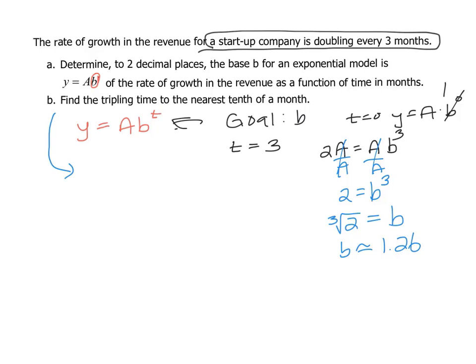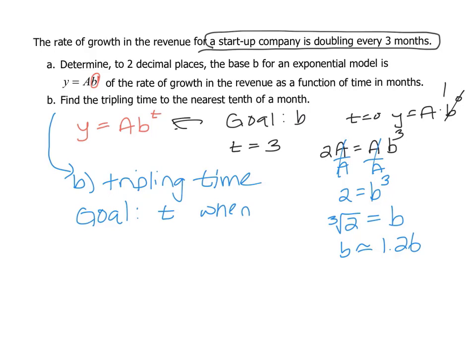In part B, it says find the tripling time. So our goal is to find the t when we triple. Instead of having a, we're just going to have 3a. We're going to have 3a equals a times, remember, we had 1.26 for our b, to the t, and we're solving for this t here.